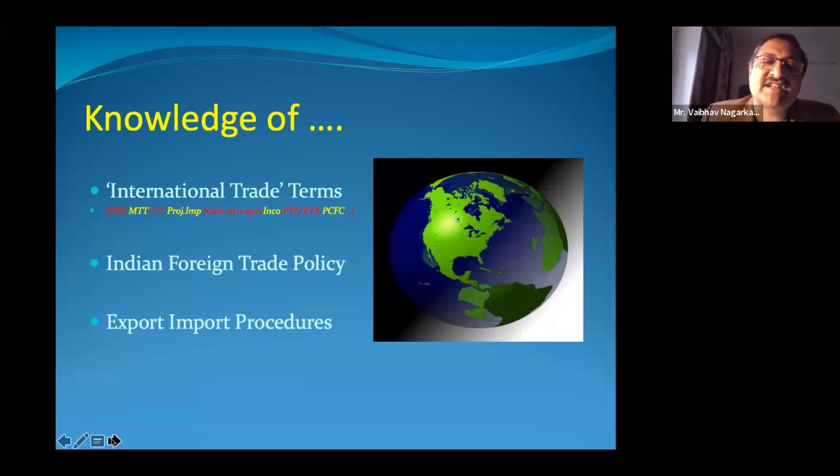It could be 9% or 10% or 12% or 13%, depending upon the type of bank. It could be a nationalized bank, a private bank, or a cooperative bank. But given these rates of interest, is there any facility where the exporter can get the loans at a reduced rate of interest? The answer is yes. You can get the loans from the bank in foreign currency itself.